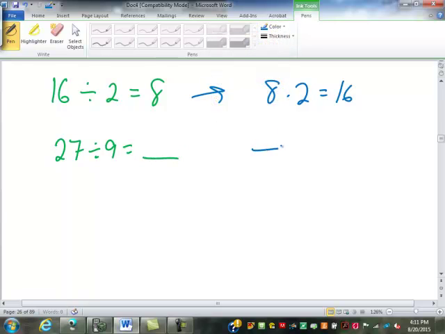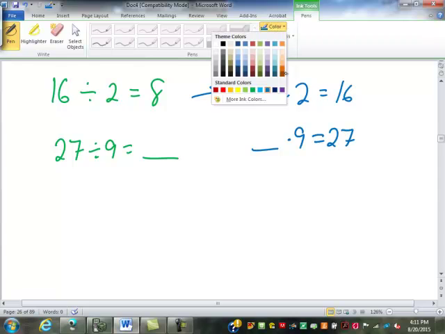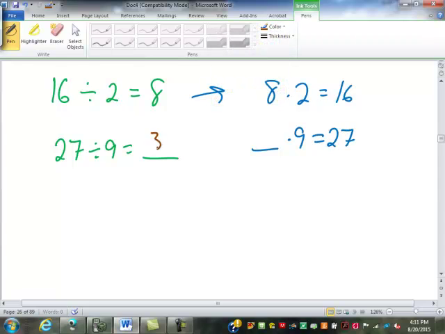That's asking what number times 9 equals 27. 3, of course, yeah. So when we look at our integers, it's the same way. If I have a negative 32 divided by 4, what that's asking me is what number times 4 equals a negative 32.